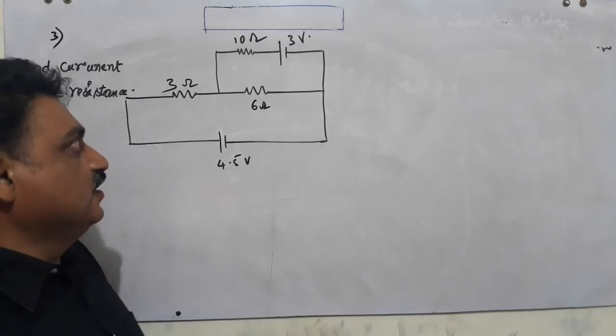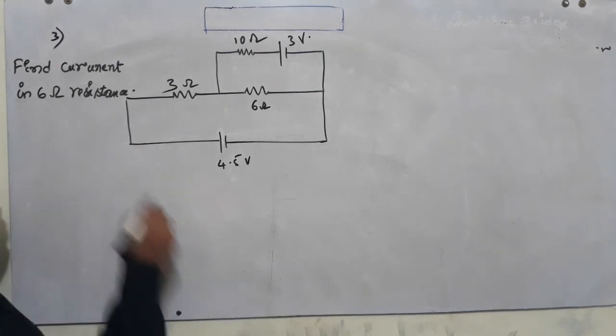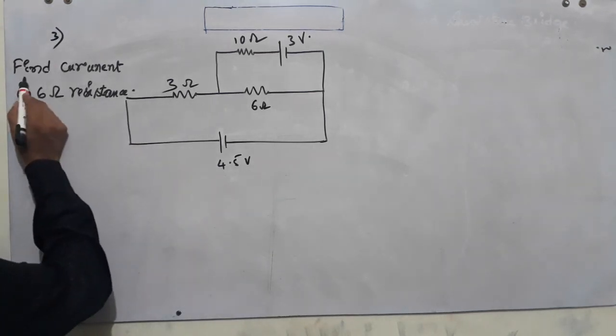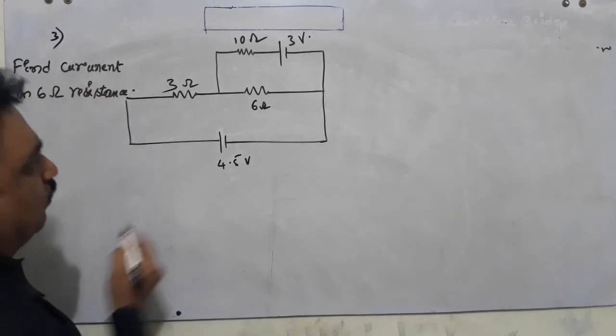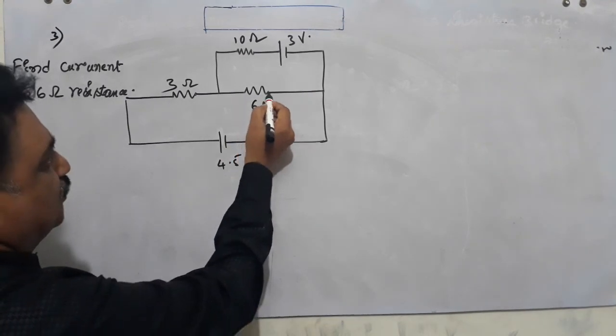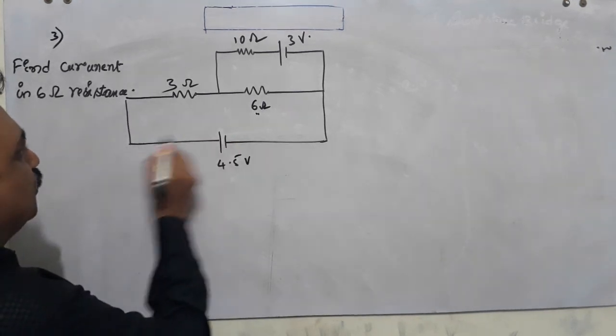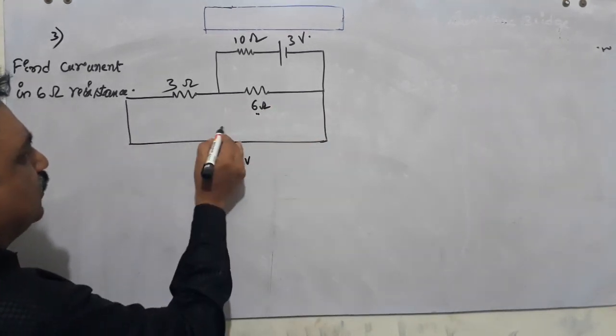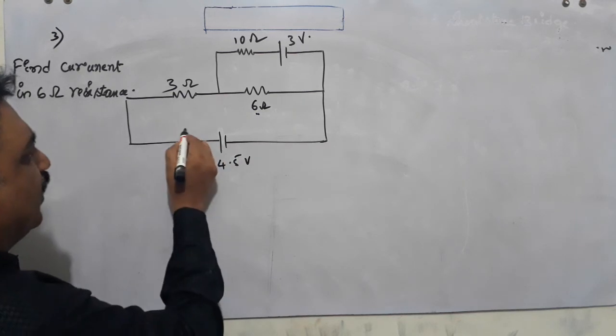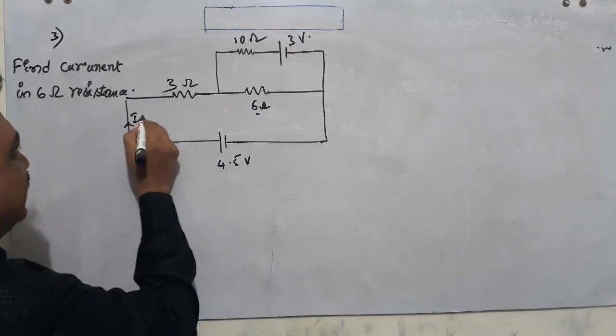Students, see here, in this network, we are asked to find the current in the 6 ohm resistance. In this resistor, we are going to find the current. Say, in this closed loop, I am considering the current as I1.